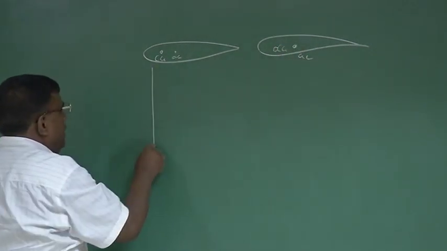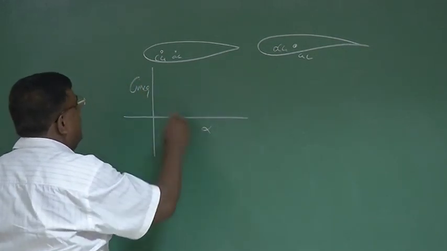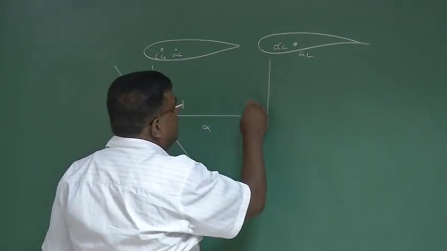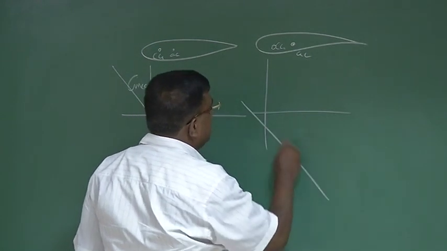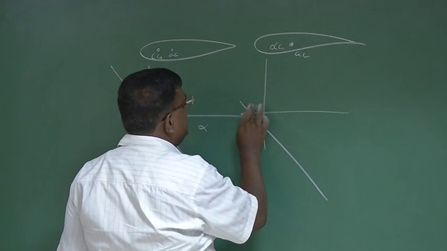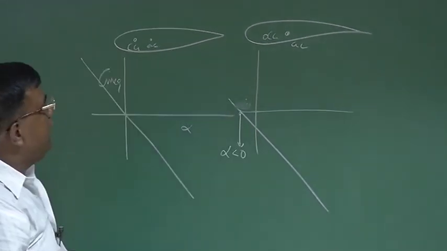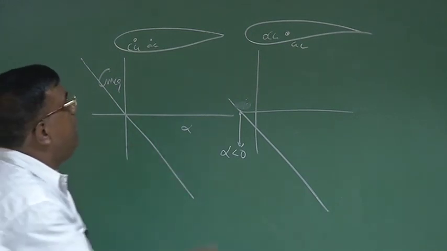So when I plotted CM CG versus alpha, it was like this. When I plotted here, it was like this, and this is a negative angle. This alpha here is less than 0.